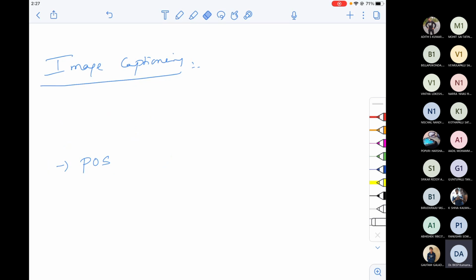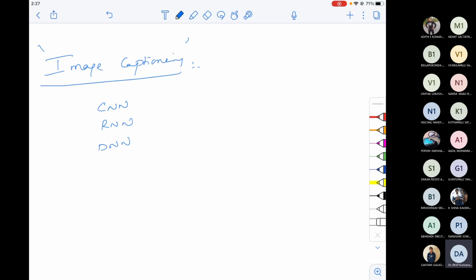Now we are in module 5. The new application that I can explain in the context of encoder and decoder is image captioning. This was not discussed because, as I already told yesterday, why do we require encoder and decoder? Till now we have learned CNN, RNN, and DNN.